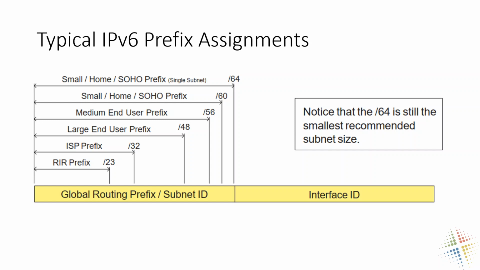Okay, so if I'm a small home office, I will get a /64. If I need more than just one network, if I have more than just one room of computers, or if I need to subnet my network inside my organization, I would then ask my ISP for a /60. The cool thing is, because we have so many IPv6 addresses, the difference between me asking for a /64 and a /60 is basically the difference between me saying I'm a home user or a business user.